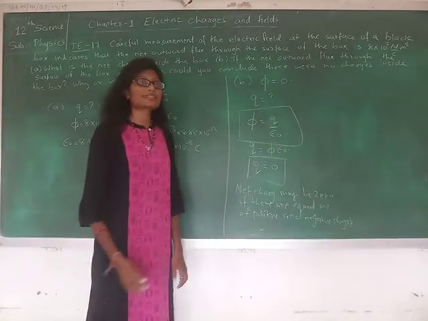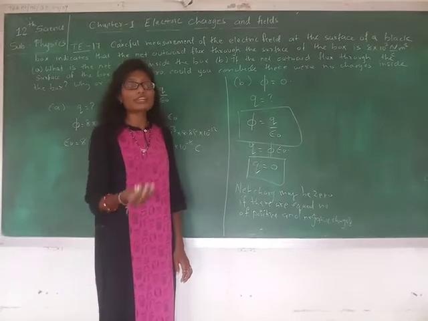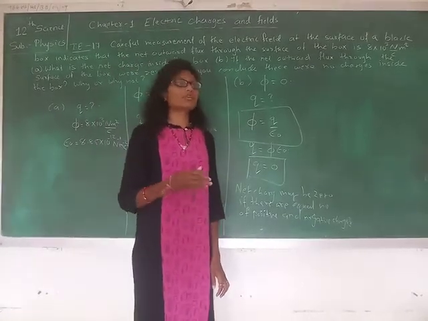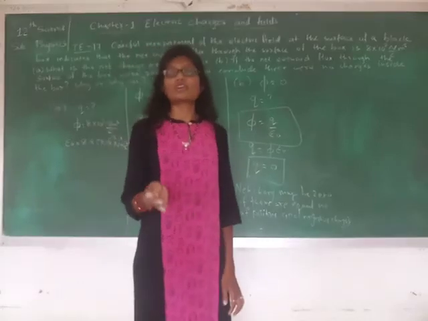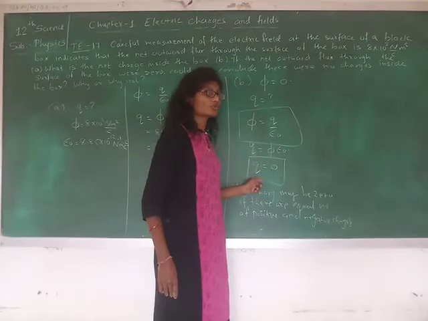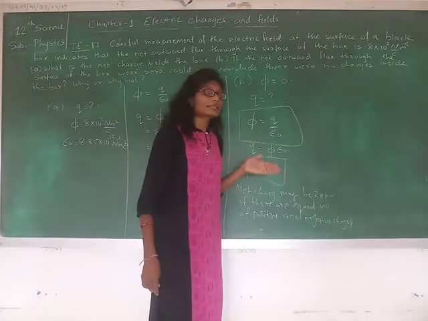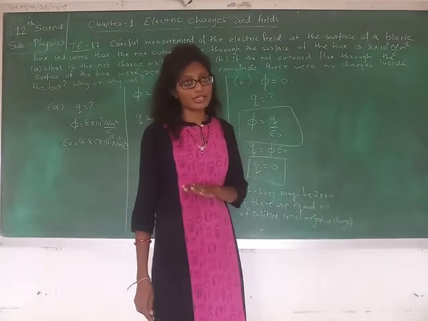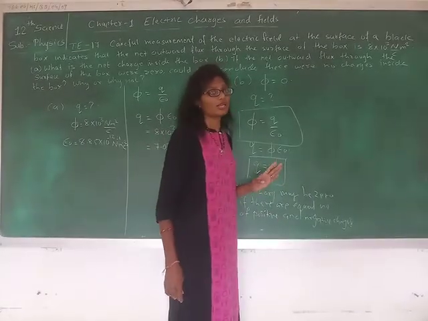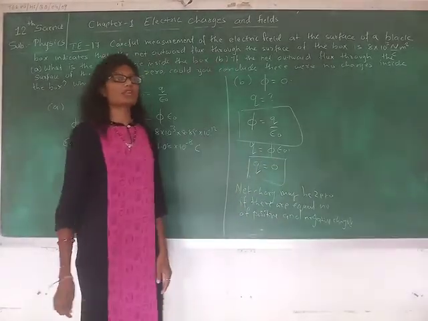So it is not necessary that there are no charges in the box, but there may be equal numbers of positive and negative charges. So when you add them up, you will get the value as 0. So what is our answer? There are equal numbers of unlike charges, and so the net charge is 0. So students, you may copy down this numerical.